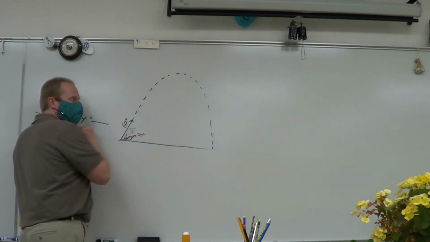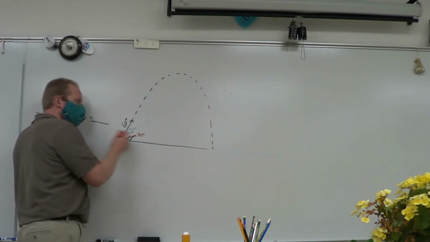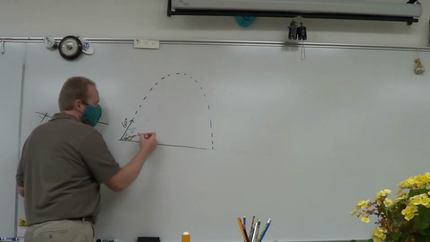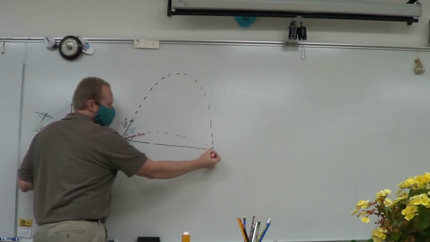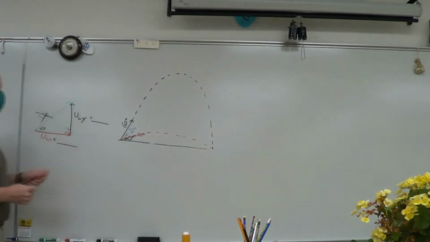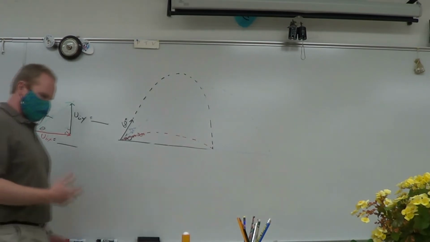Which one's going to be in the air the least? 30. Okay, and if we were to follow the path of this 30, it would maybe end up something like that. Now my angles maybe aren't perfect, my parabolas aren't perfect, but my endpoints are intentional. I can't really see that blue one, my apologies on that.